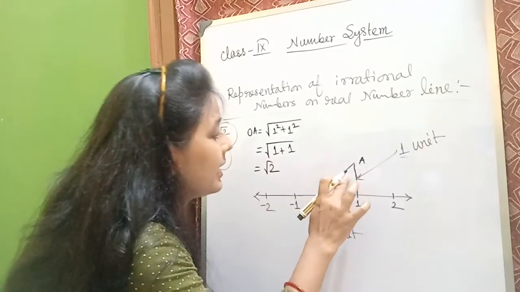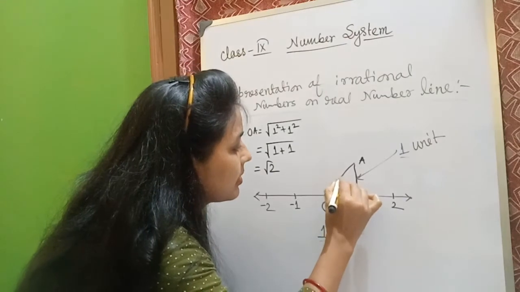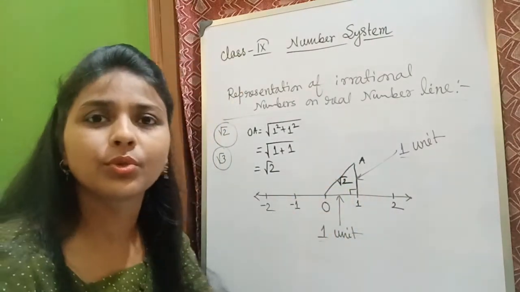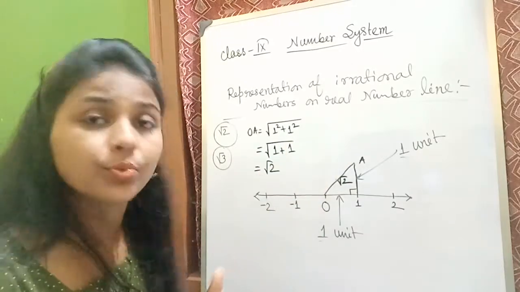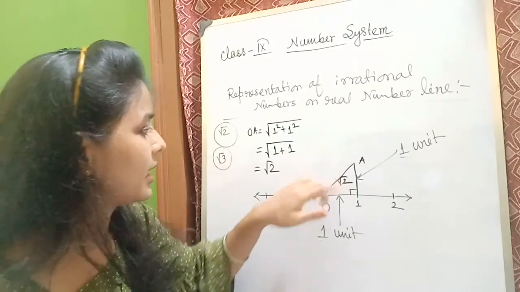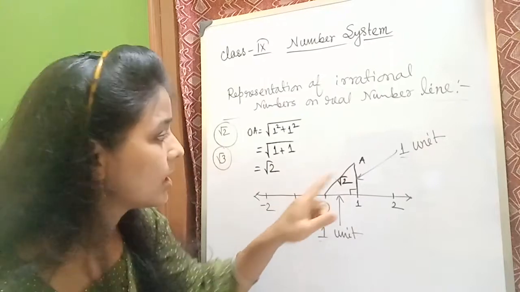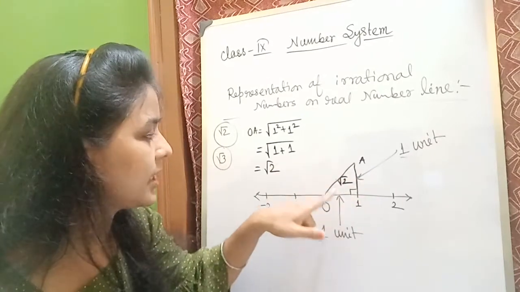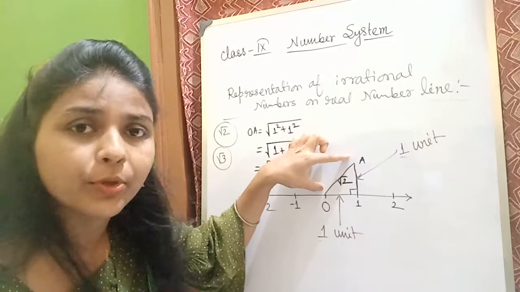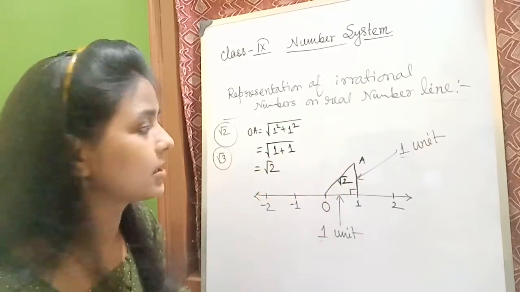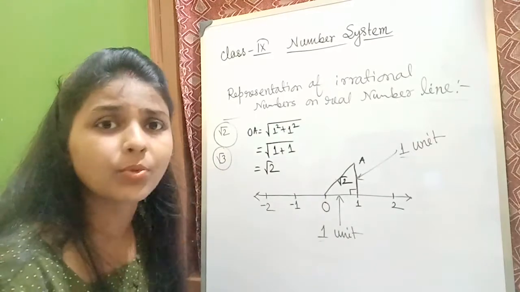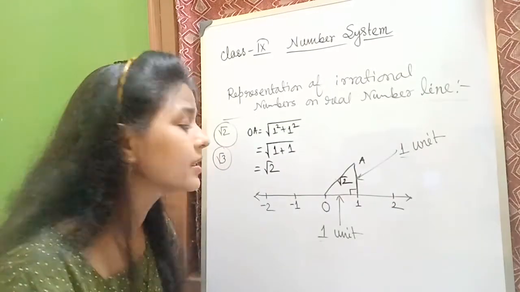So OA is of root 2 unit measure. Did you get the point? It's by Pythagoras theorem. 1 unit here, 1 unit here. That means OA is the hypotenuse and its measurement is root 2 unit. Okay, we have got it. Now you have your pencil compass.